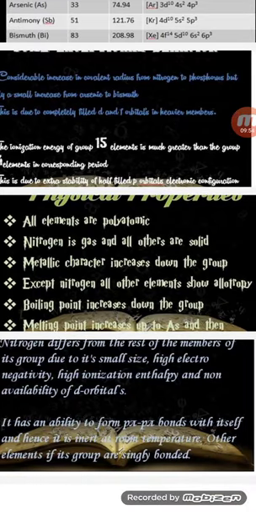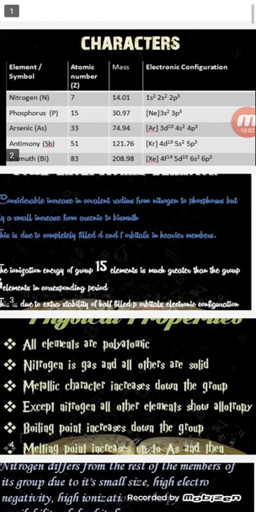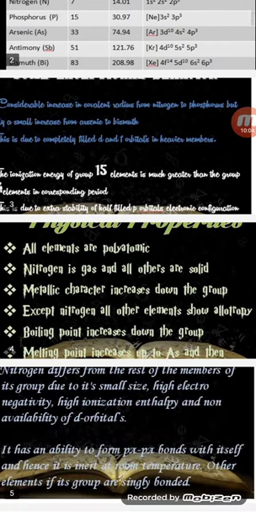The melting point also increases from phosphorus up to arsenic, due to the increase of unpaired electrons and increase in the interatomic force of attraction.